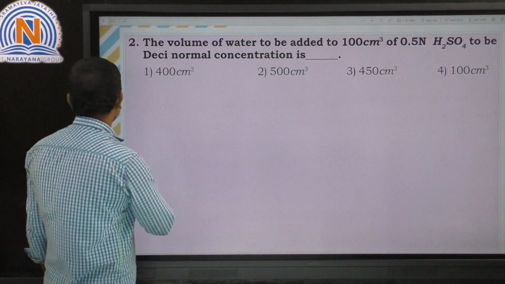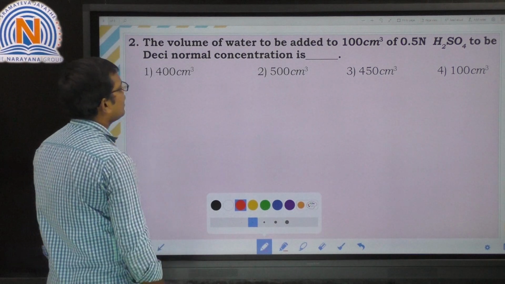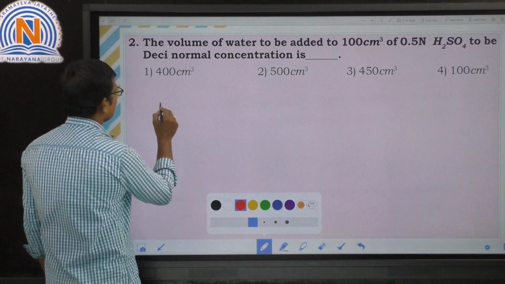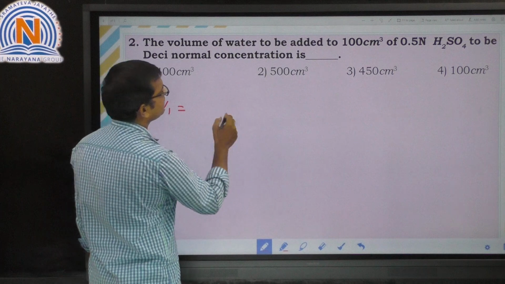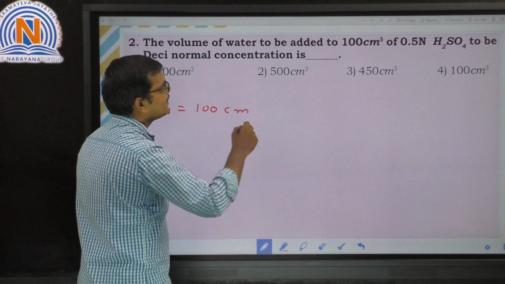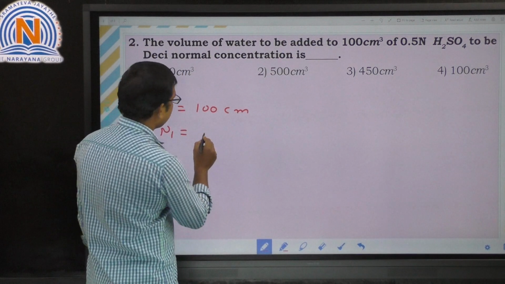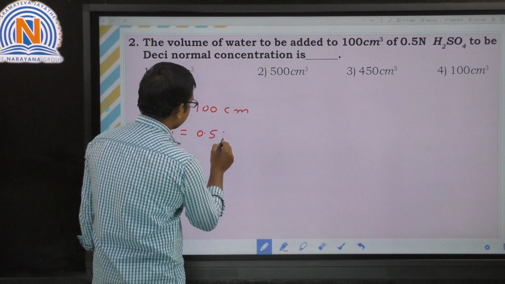So see, what is the given information? The volume of water to be added. So V1 is given. How much? 100 cubic centimeter. And normality is also given. N1 equal to 0.5 normality.